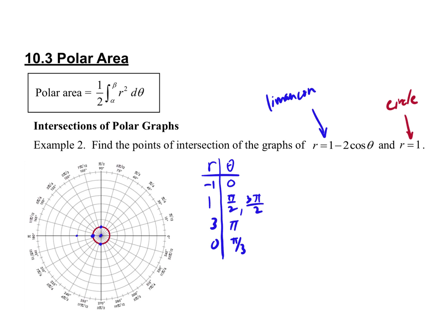We're kind of out of good points. Is there a way to get a 2 out of this? -1/2. Yeah, let's look at that. So if pi over 3 is going to give me 1/2, what's going to give me -1/2?